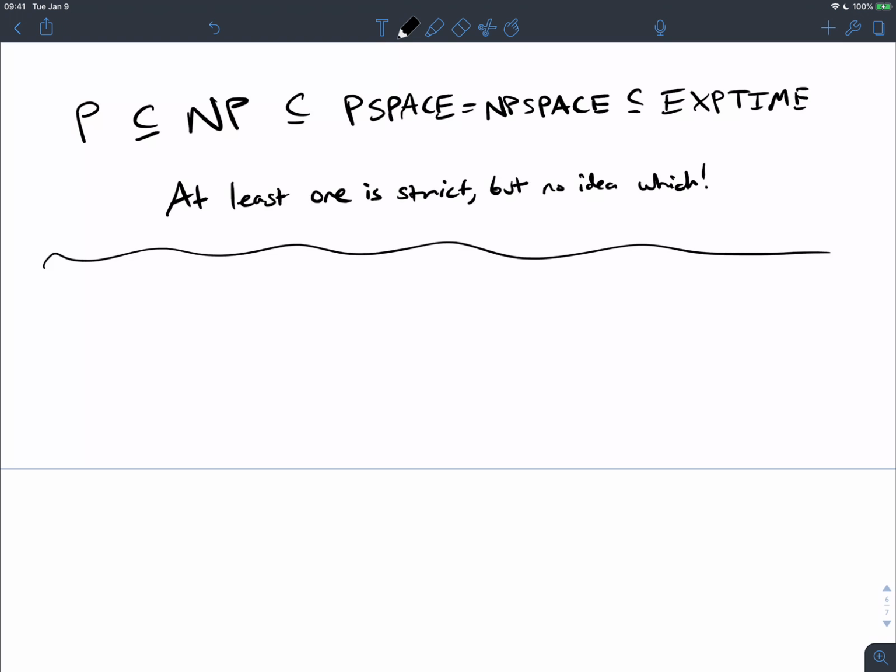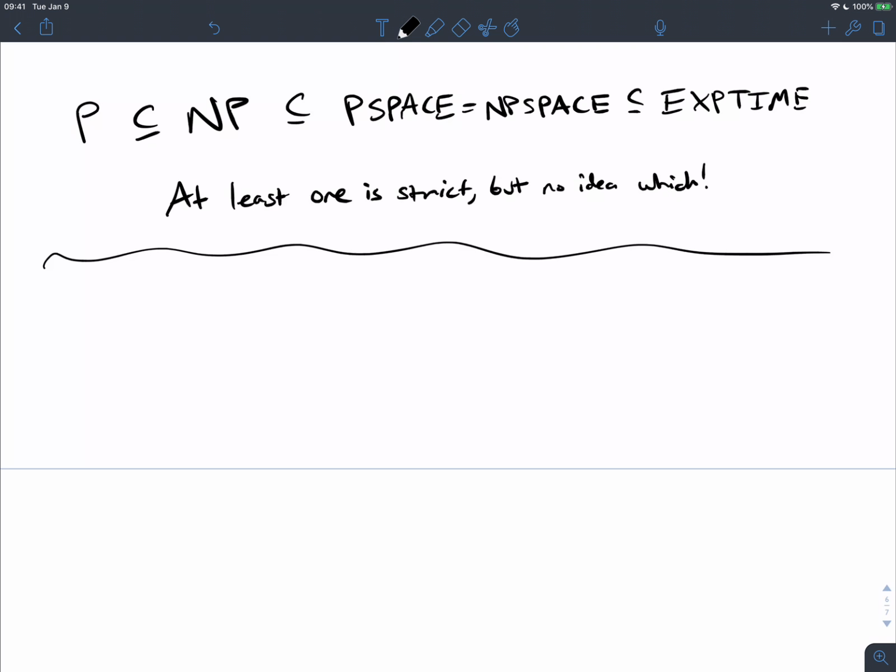So what most people do is they go off the assumption that P is equal to NP, or P is not equal to NP, then this occurs. It's not like we're in an infinite chasm of wonder about whether they're equal or not. For this problem, if they are different, then this is true, or if they're the same, then this is true. And most people think that they are different.